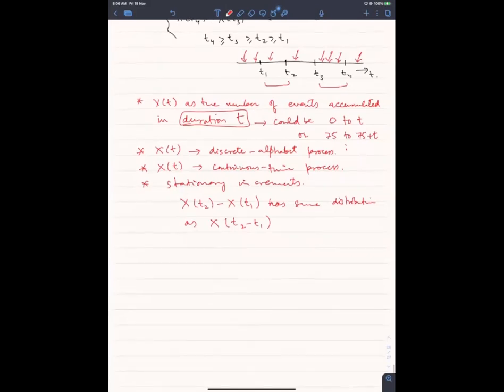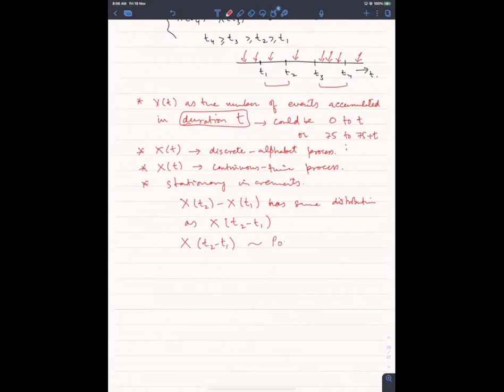And also X of t2 minus t1 has the same distribution as X of t2 minus X of t1.